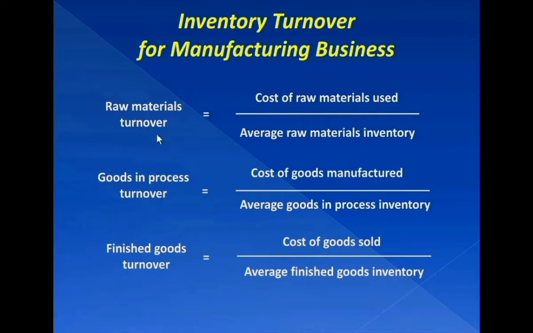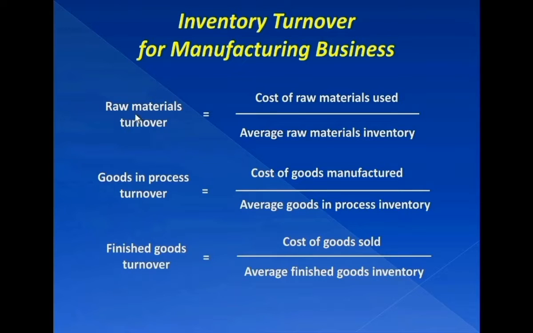Raw materials turnover, so the denominator must be average raw materials inventory. Goods in process turnover, so the denominator must be average goods in process inventory. Finished goods turnover, therefore the denominator must be the average finished goods inventory.